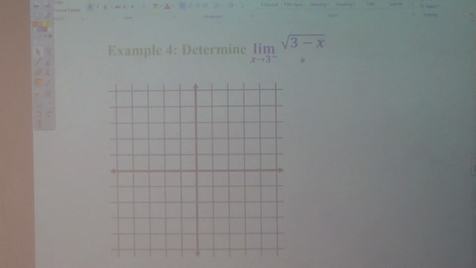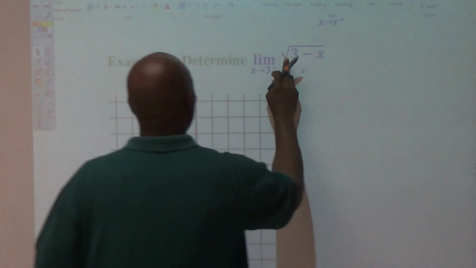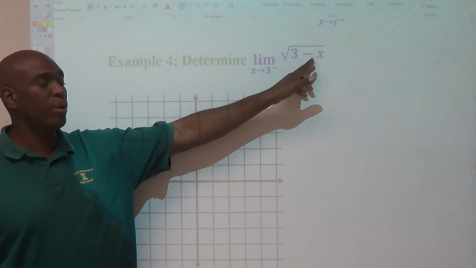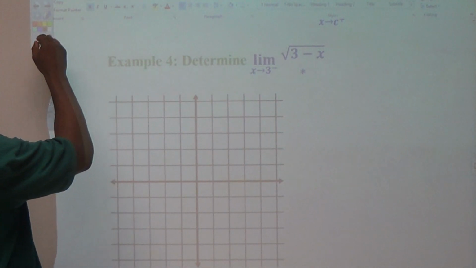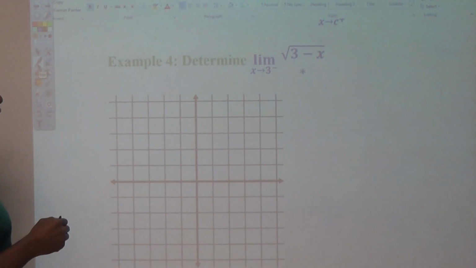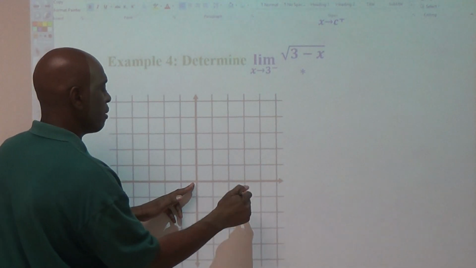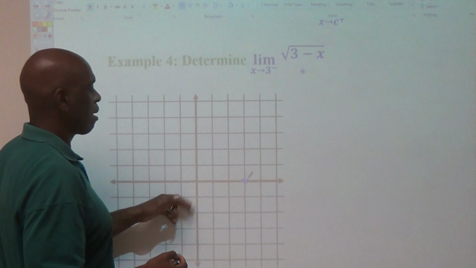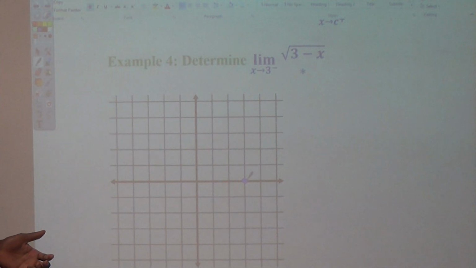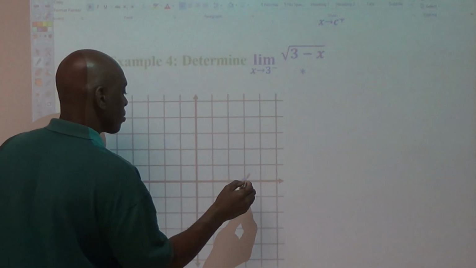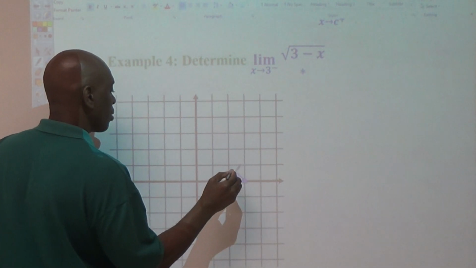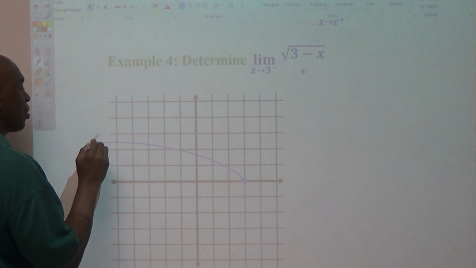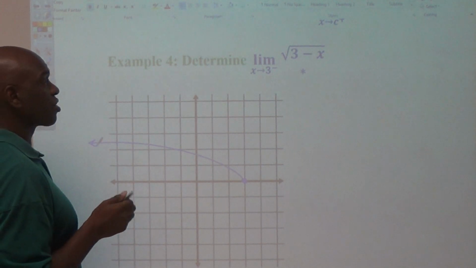For example, let's consider the graph of the square root of 3 minus x. Let's sketch that graph. Well, let me see, 1, 2, 3. And now, this graph goes back over in this direction. This is a sketch of the graph.